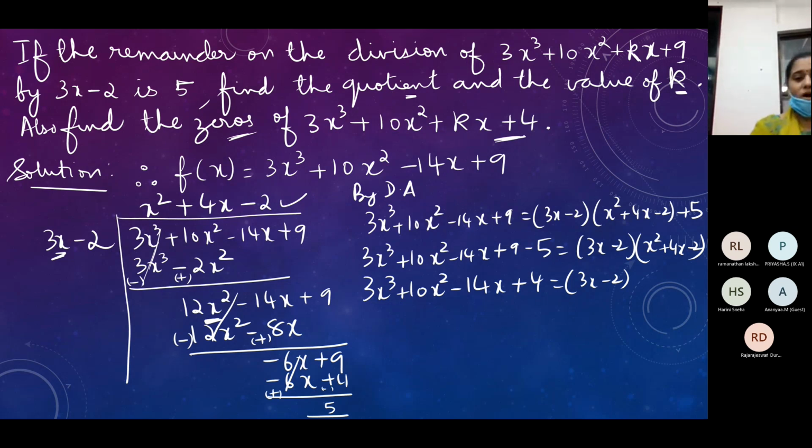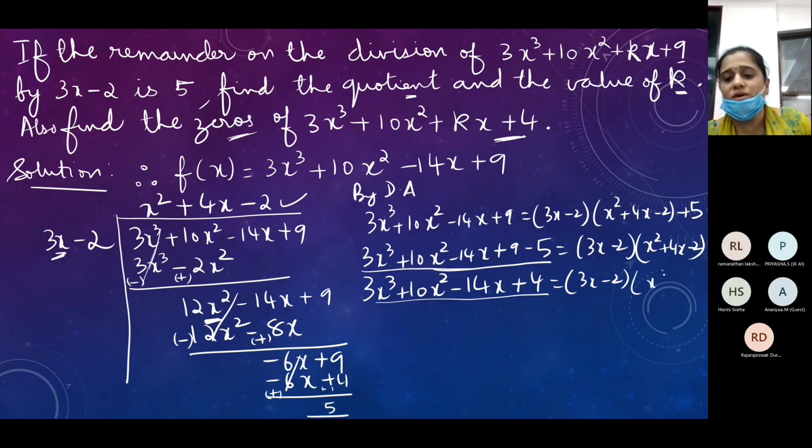See the product of this expression, the next step, this one is the product of 3x minus 2 and x squared plus 4x minus 2. These are the two factors of this expression. This is the linear factor. This one is quadratic. So you split the middle term or you find the two values of x here. And hence you will find the 3 zeros.